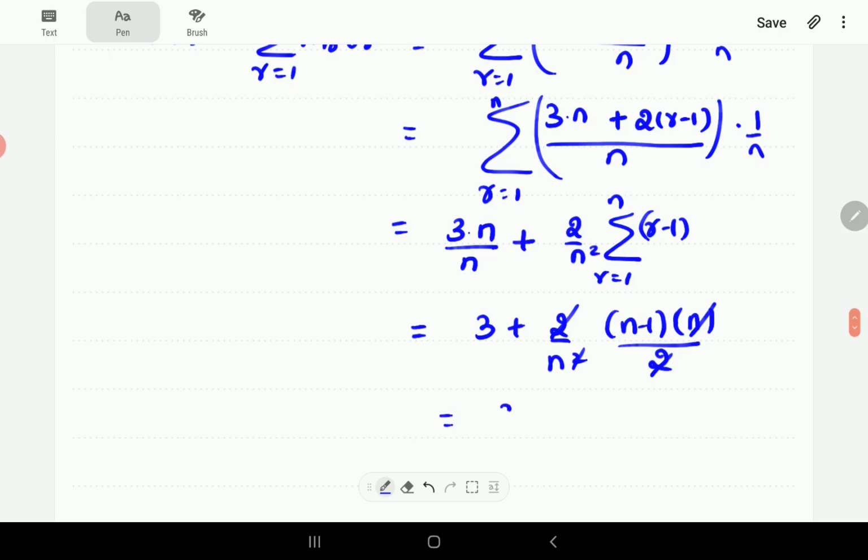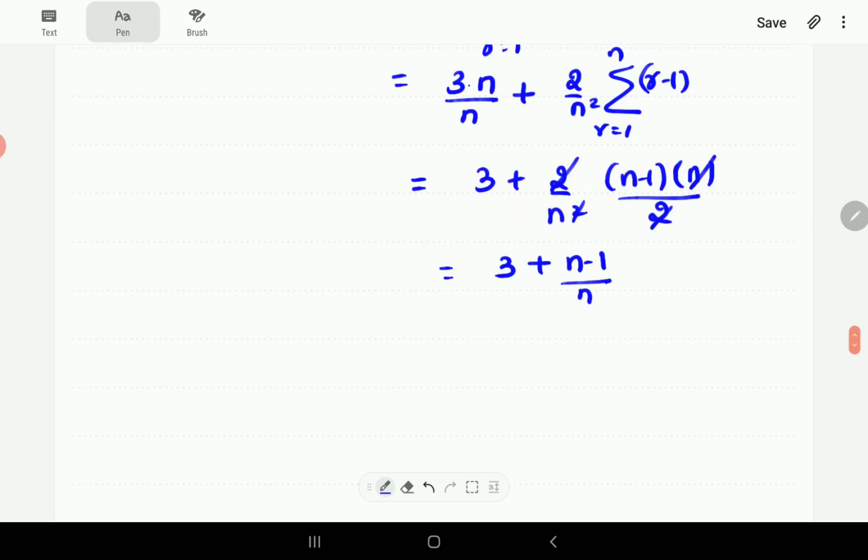So here we're left with 3 plus n minus 1 upon n, or we can also write it as 4n minus 1 upon n, or simply 4 minus 1 by n. So this is your lower Darboux sum.